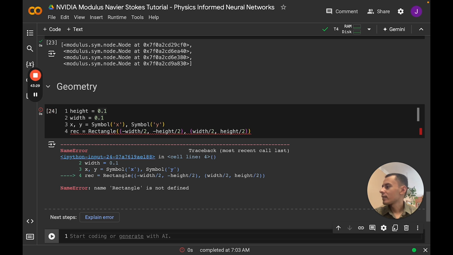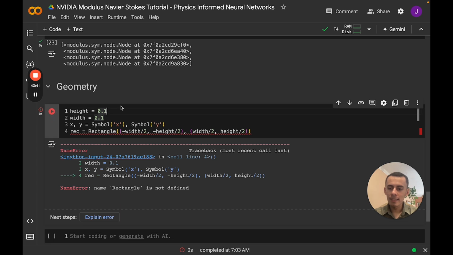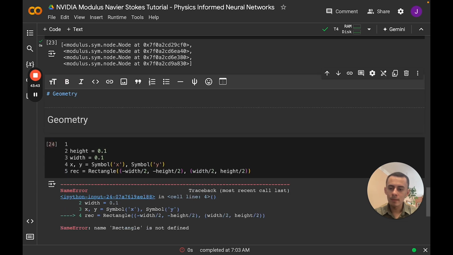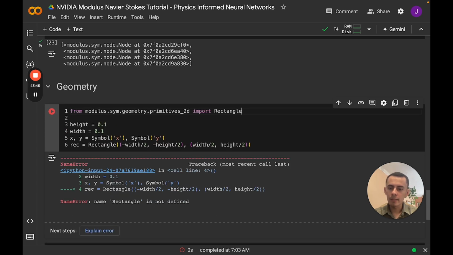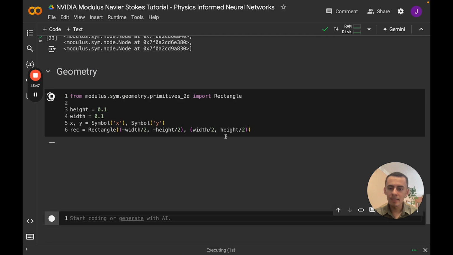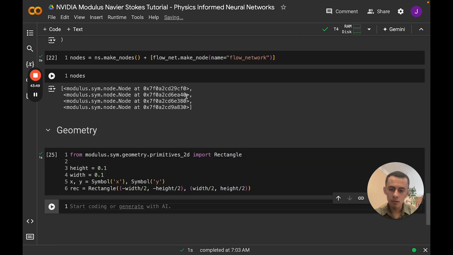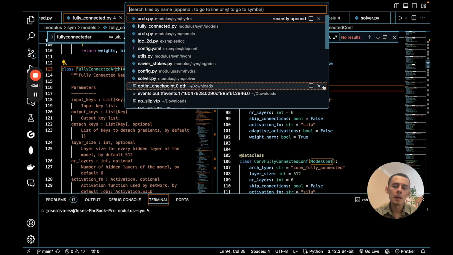Oh, but we need the rectangle class. Oh, look at that. Interesting. I said it was from the SymPy library, but apparently it is from the Modulus library. Primitives, 2 dimensions. Look, that's interesting.